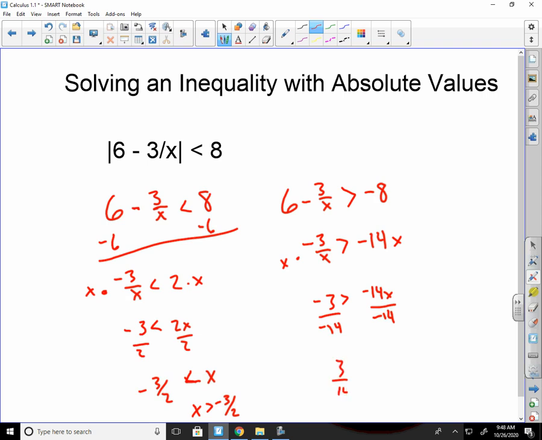It gives me 3 over 14. Change the direction of my inequality because I divided by a negative. Less than x. And then I'm done. x has to be greater than 3/14.